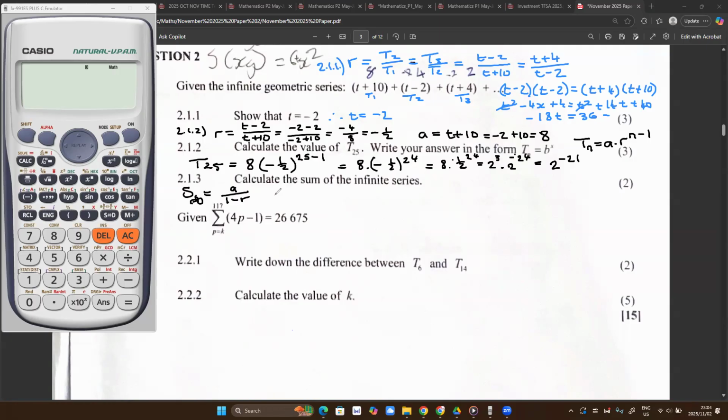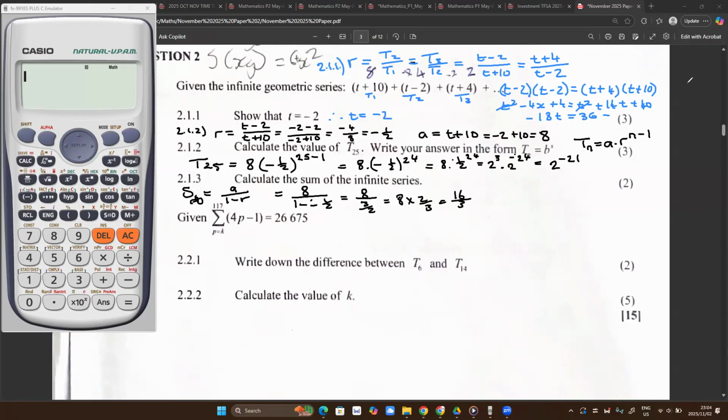And so we get a, which was 8, and then our r was minus a half, so it'll be 1 minus a minus half. And so it'll be 1 plus a half, which is 3 over 2. So we get 8 over 3 over 2, which is equal to 8 times 2 over 3, which is 16 over 3. Okay.